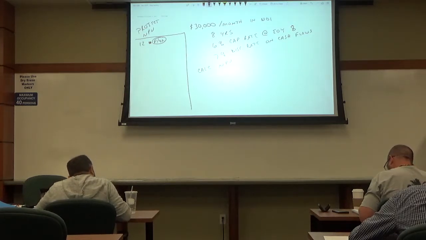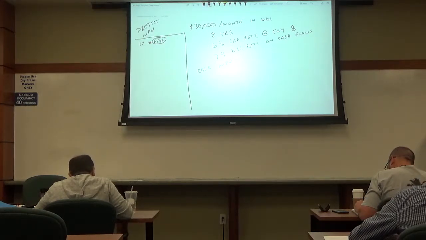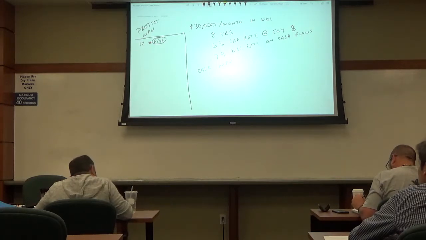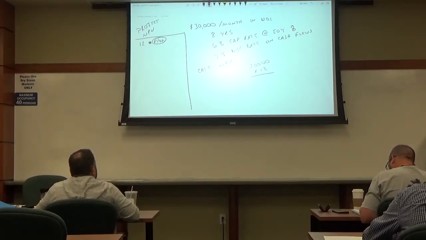All right, so this is going to be kind of a two-parter. We can do it a couple of different ways. First thing we're going to need to do is figure out what it's going to sell at the end of 8 years. So you're going to take the 30,000 times 12, which is 360,000.